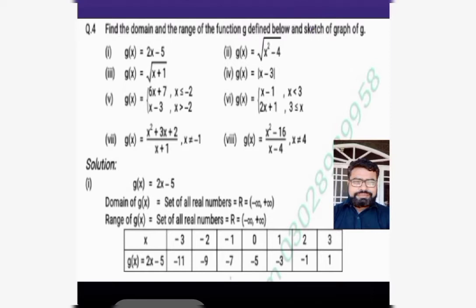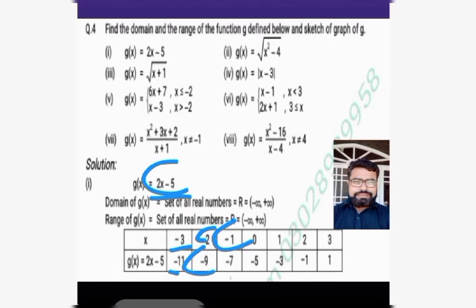Now if we put -3 here, 2 into -3 is -6, and -5 will be -11. If you put -2 here, 2x minus 5, you will get -9.